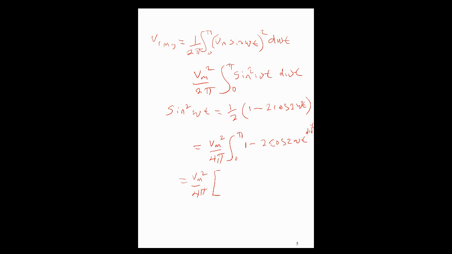And then minus, for cosine 2 omega t, we get a 4 sine 2 omega t.